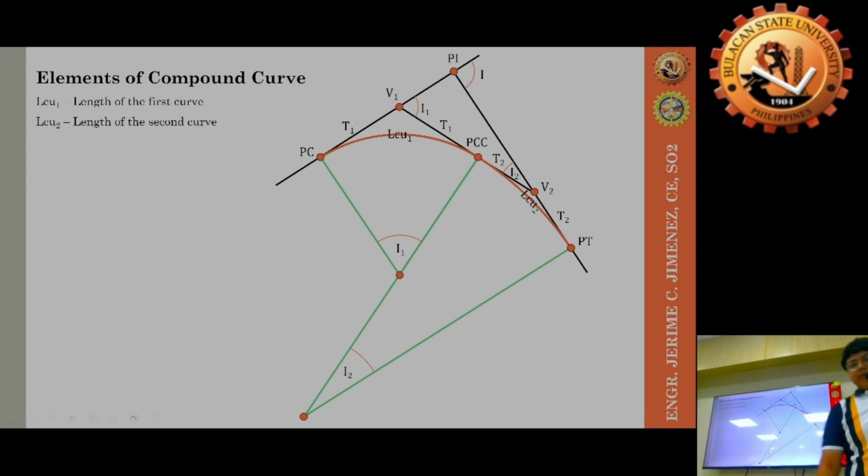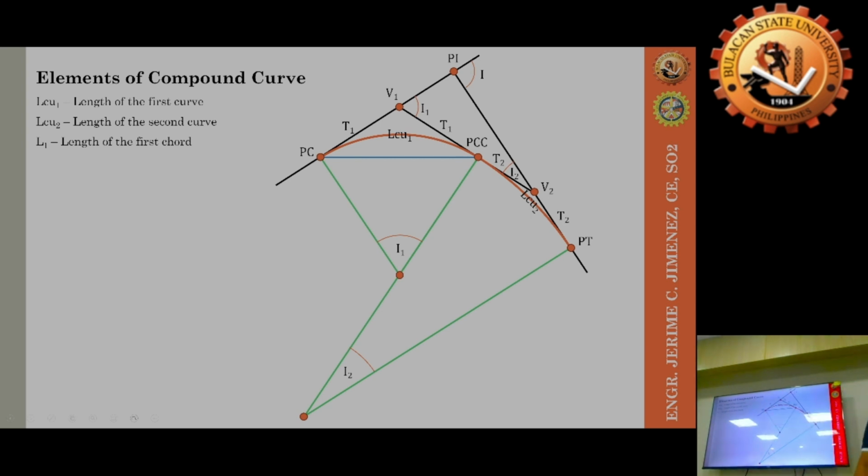Okay. So, next element tayo. Magdodrawing ako ng line from PC to PCC. Okay? And that line is the length of the first chord or L sub 1. Yan yung length ng first chord natin, from PC to PCC.